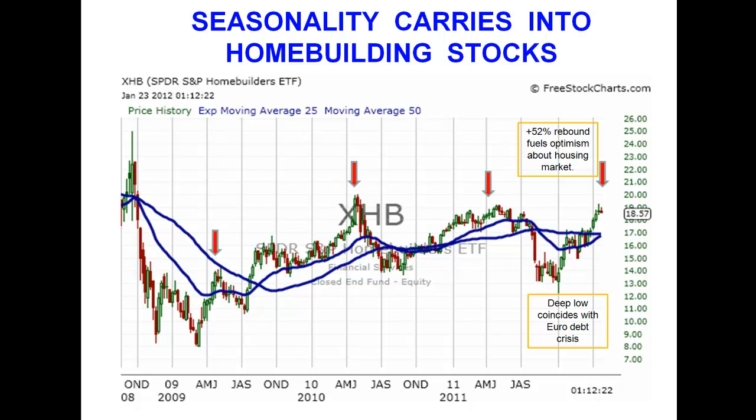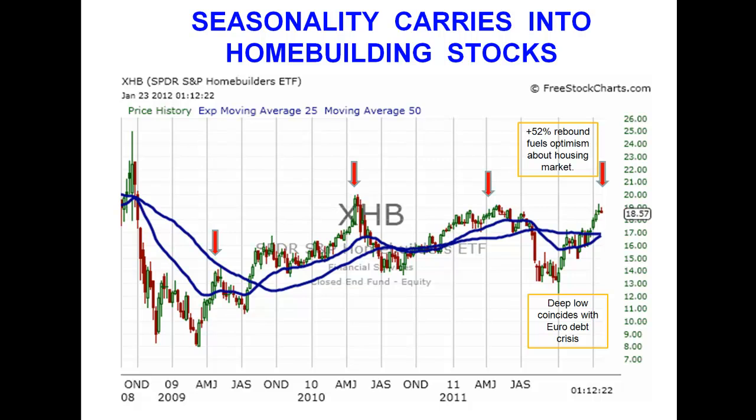We had a deep, deep low back in, I believe it was about the early December period that coincided with the European debt crisis. It looked like the European debt crisis was going to lead to a much more severe worldwide recession, and so the home builder stocks, anticipating that weakness, sold off all the way down almost into the 12 even level.